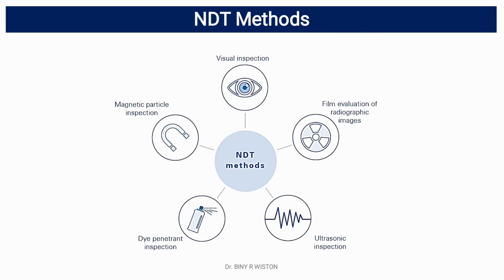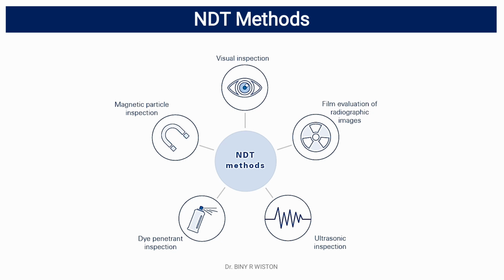NDT methods can be broadly classified into the following methods: visual inspection, magnetic particle inspection, dye penetration inspection, ultrasonic inspection, film evaluation of radiographic images.